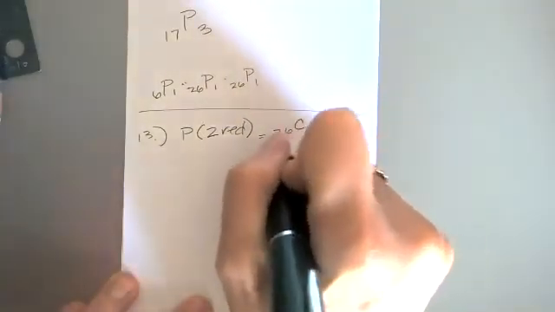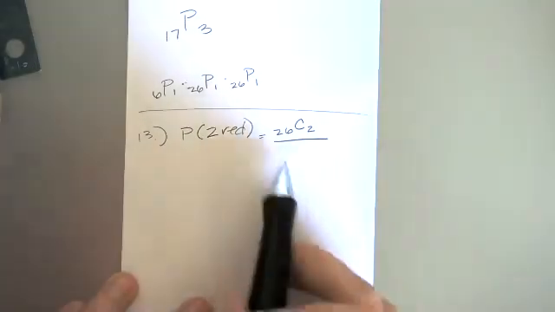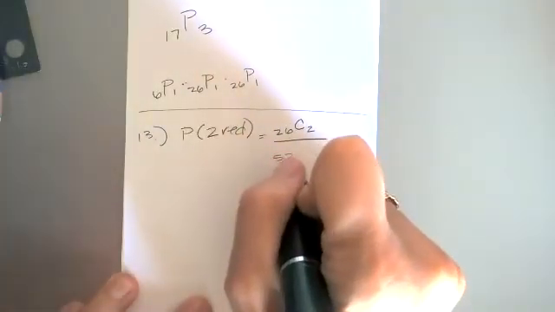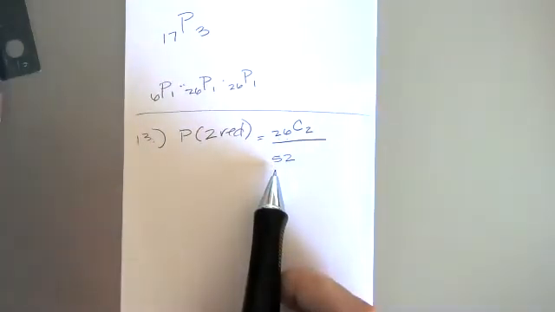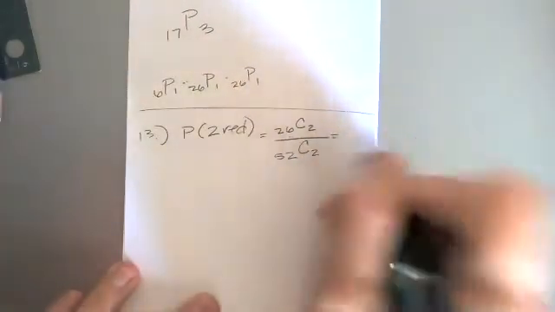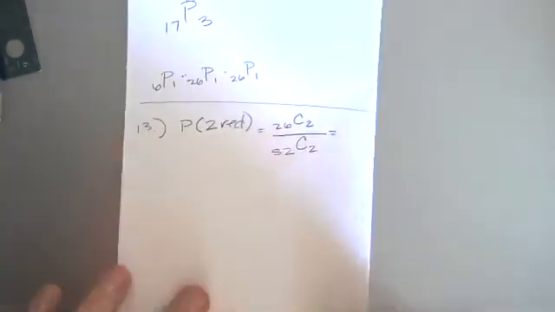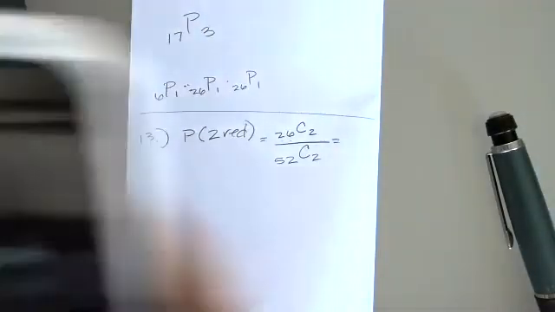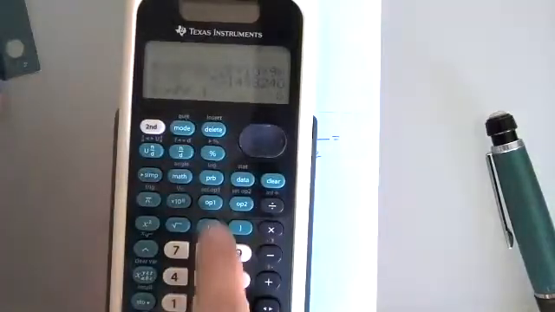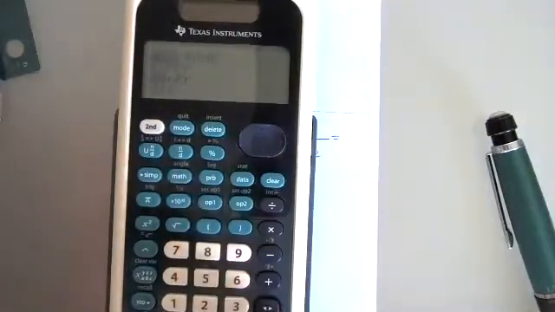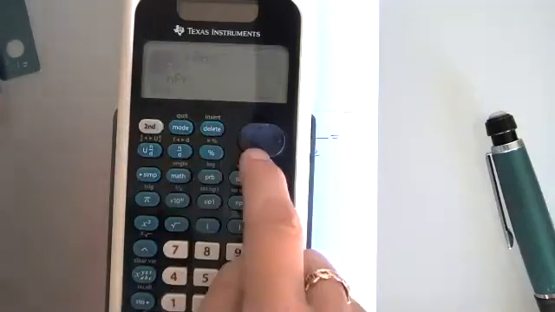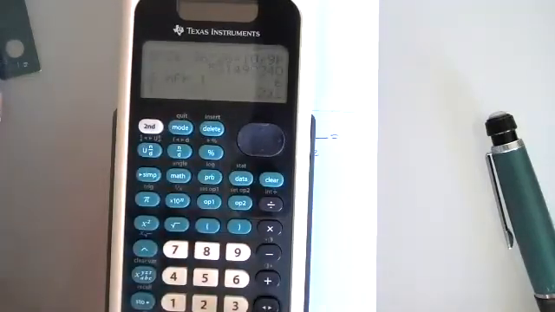And we have to choose 2 of them. The order doesn't matter, it only matters that they're red. And we're comparing that to a full deck with all 4 suits, 2 black suits and 2 red suits, and we're choosing 2. So in my calculator, I'll put in 26 choose 2 divided by 52 choose 2.